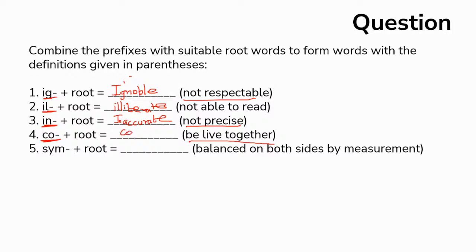So the word can be cohabit. And the next is sym, and the meaning of the word should be balanced on both sides by measurement. So in that case, we can go for the word symmetric.